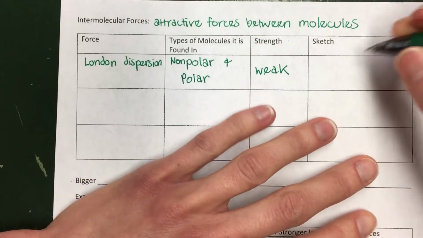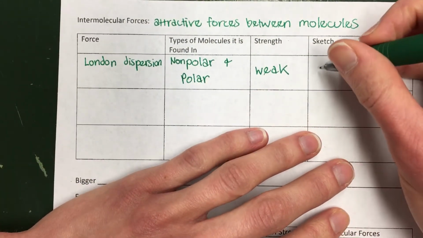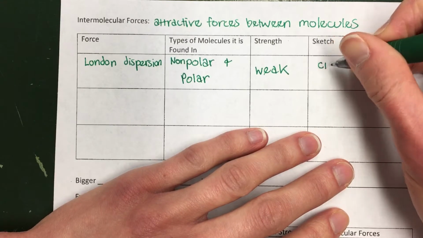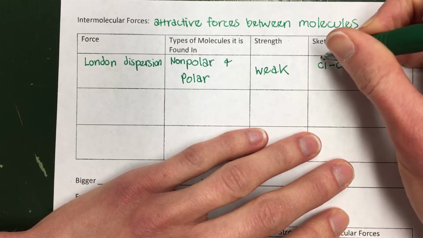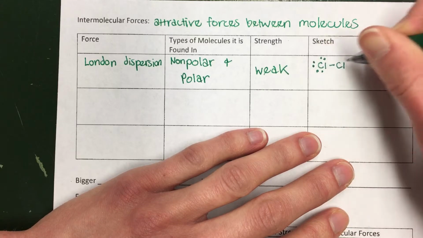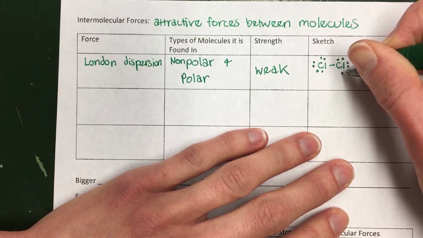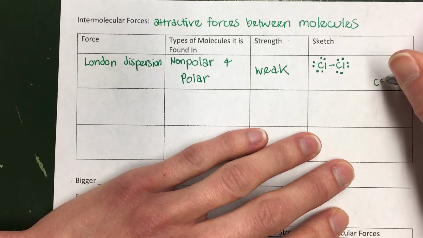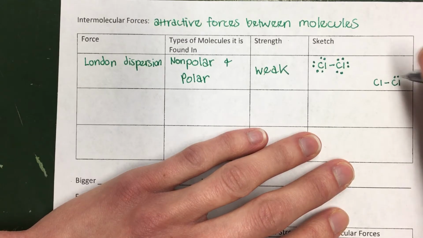We're going to show what one looks like. We're going to draw a nonpolar molecule, because although these forces are in both, they matter more for nonpolar molecules. So here's two chlorine molecules.